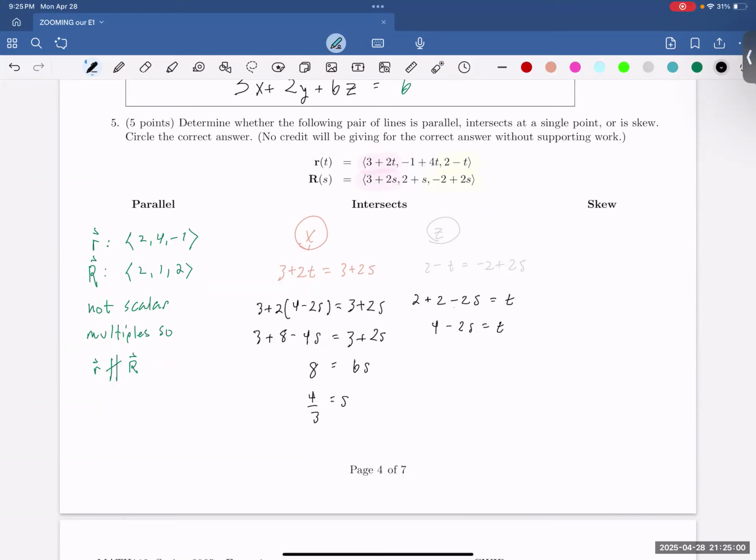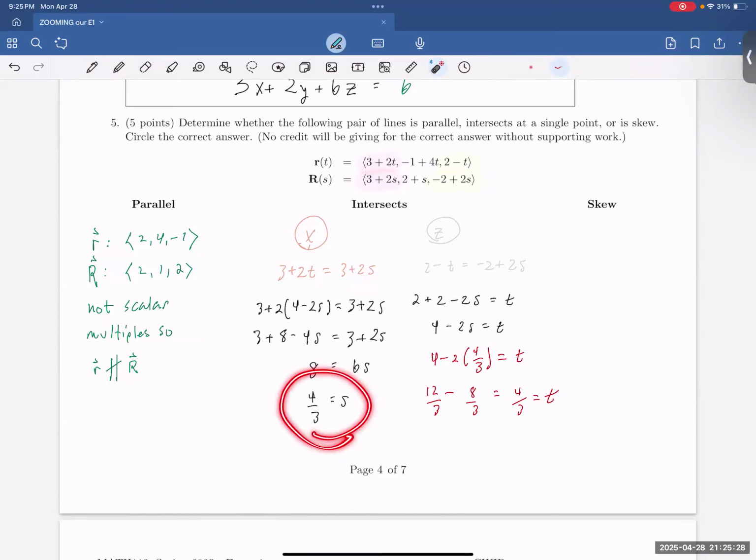Then if S is 4/3, 4 minus 2 times 4/3 is T. T is 4/3, and this is consistent. T and S have to be the same because the left side is the same as the right side. At time 4/3 the X pieces are the same together, and the Z pieces are the same together.